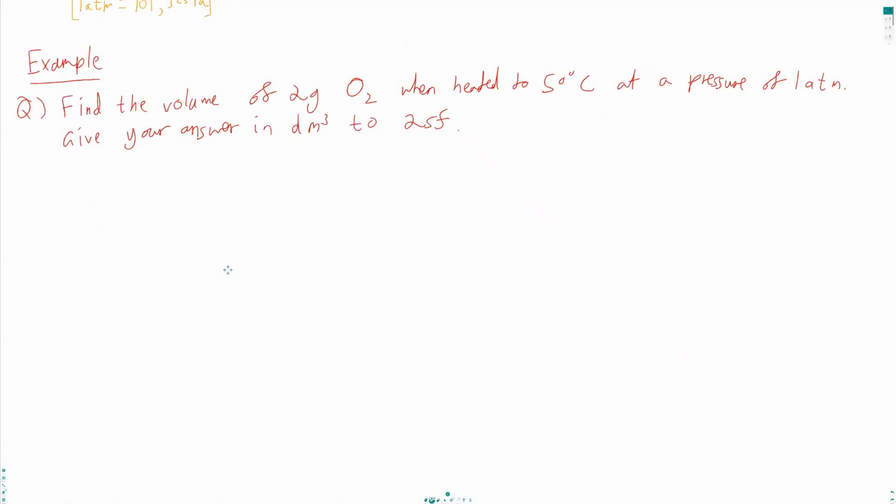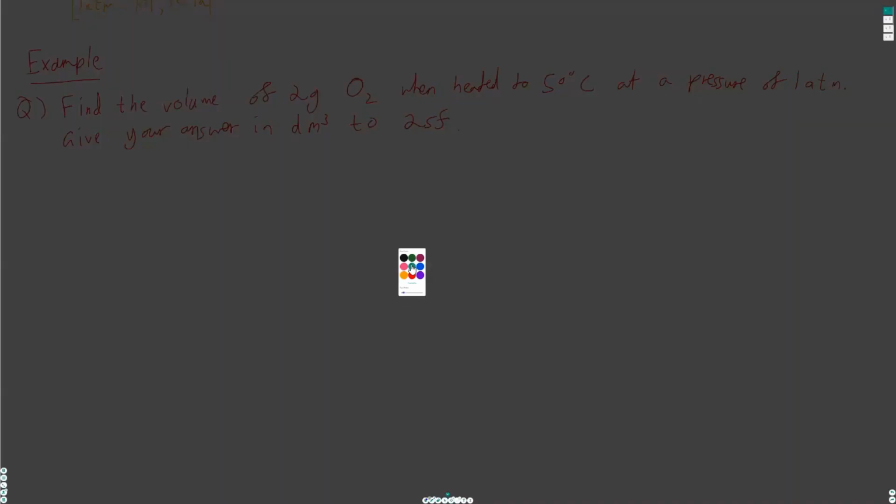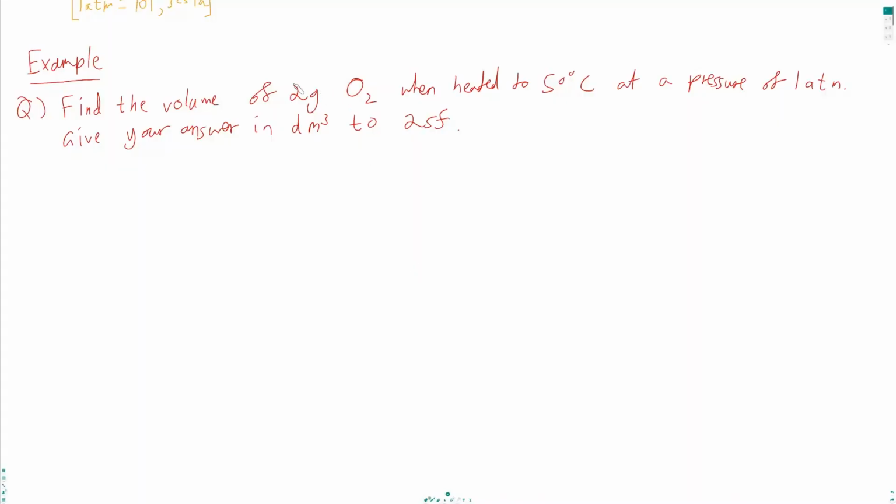So let's have a look at this example. Find the volume of 2 grams of O2 when heated to 50 degrees Celsius at a pressure of 1 atm. It doesn't matter what gas; this works for any gas, assuming it's an ideal gas.